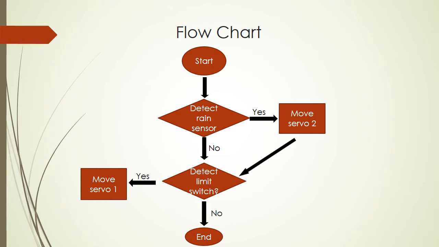Then when the water sensor detects any rain on it, it will move servo 2, and if not, it will detect the condition of the limit switch. If the limit switch is pressed, it will move servo 1, and if not, the process ends. But if the rain sensor detects rain and the limit switch is pressed, only servo 1 will be moved.